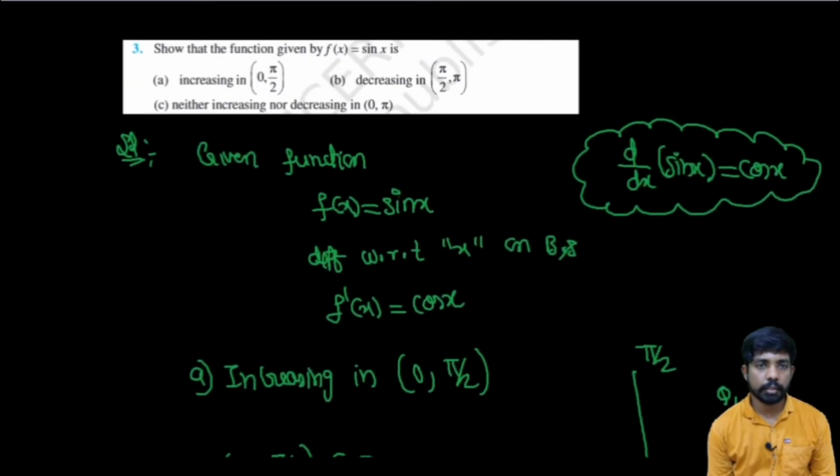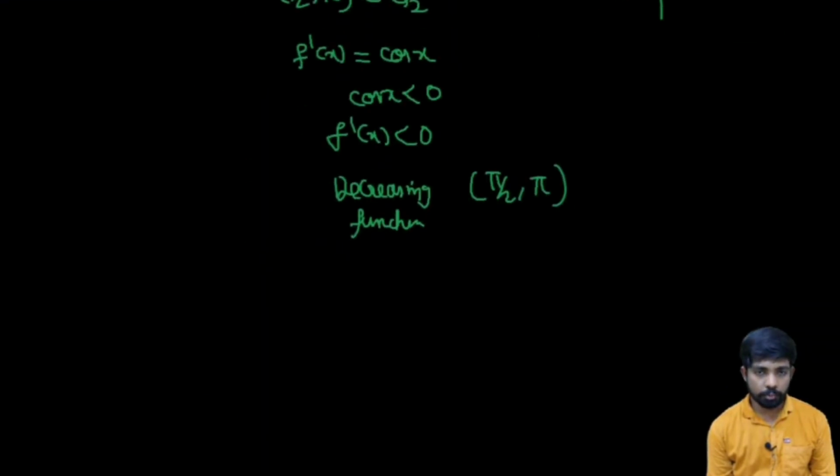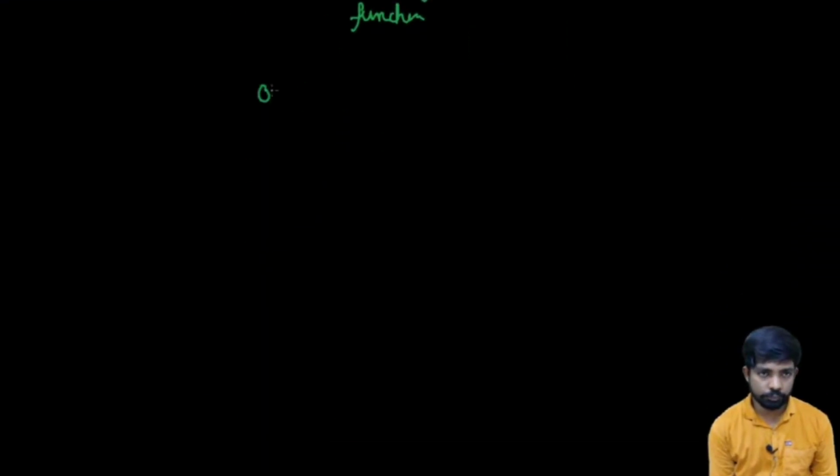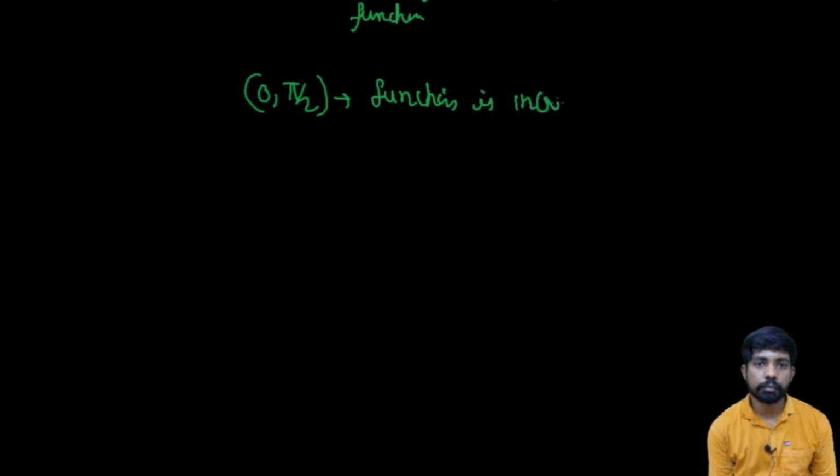Next, what is being asked? Here, from 0 to pi by 2 the function is increasing, and from pi by 2 to pi the function is decreasing.